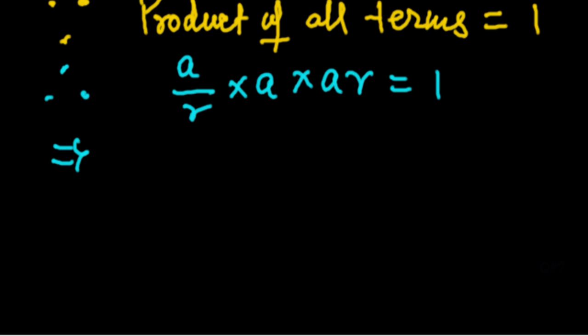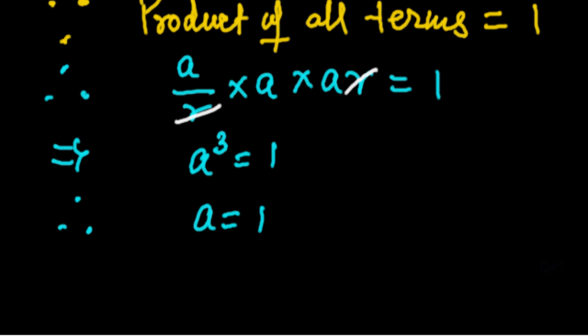This implies that R and R will eliminate and A cube is equal to 1. Therefore, A is equal to 1. This value of A we will put in equation number 1.